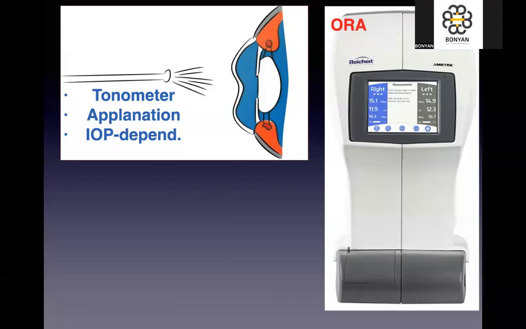So the amount of indentation of the cornea, where the convex surface becomes concave, as you see in the photo on the right and the left side, will be expressed as the value of the intraocular pressure.